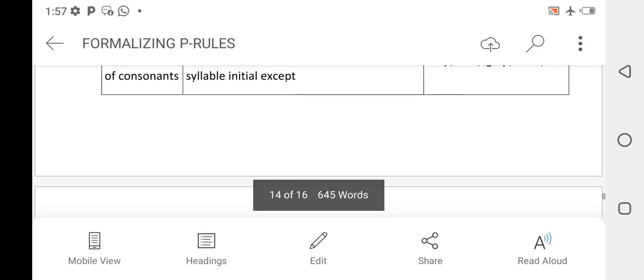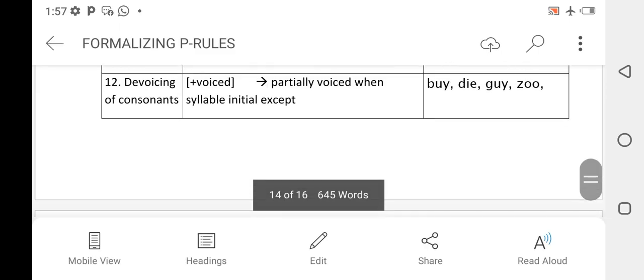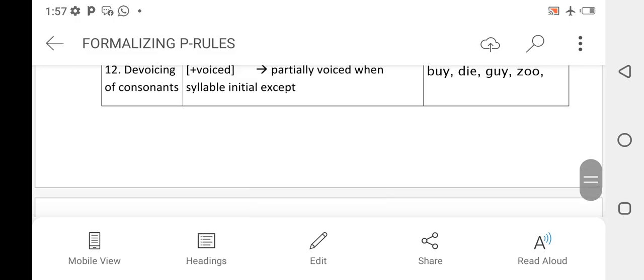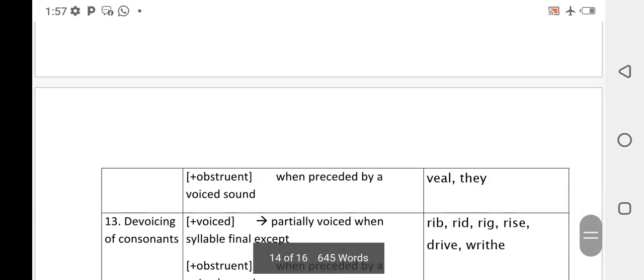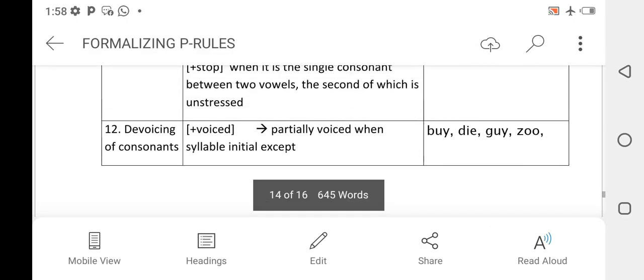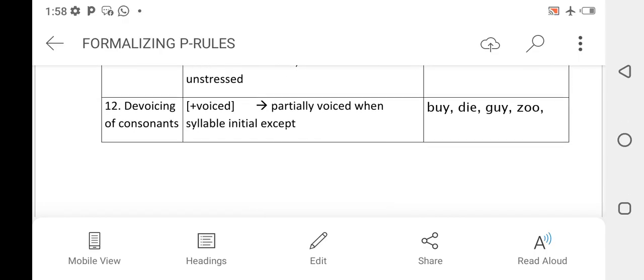So these are voiced obstruents, which are partially voiced when they are at the syllable initial position, except when they are preceded by a voiced sound. But all of what we are seeing here are really preceded by a voiced sound because all the vowel sounds are voiced.